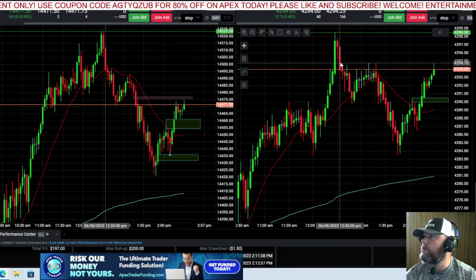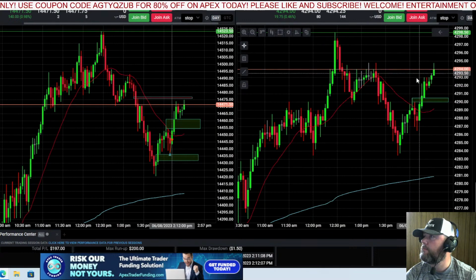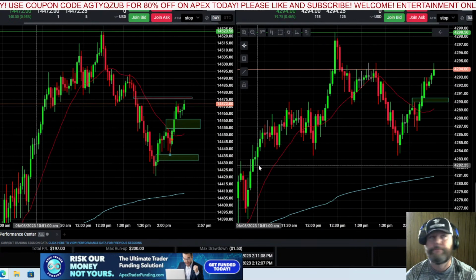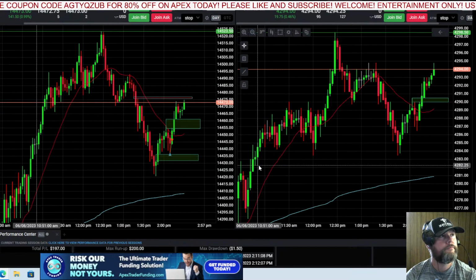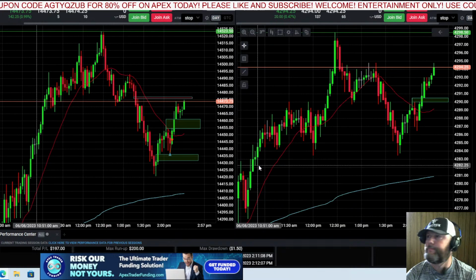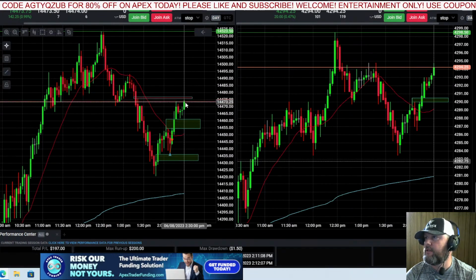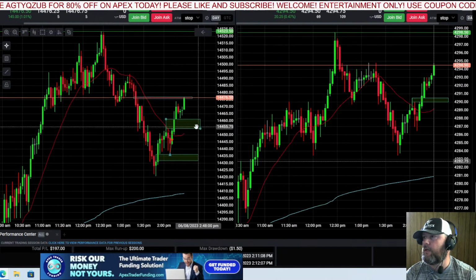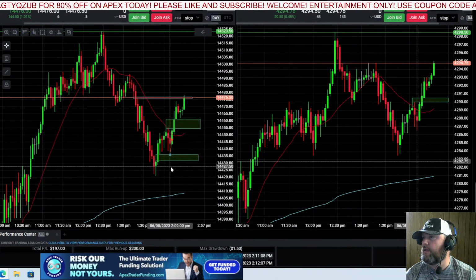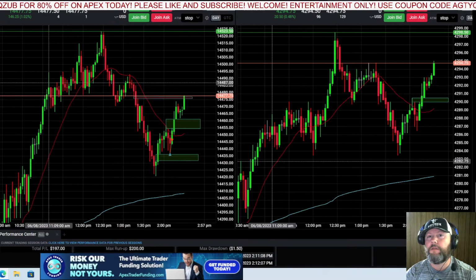So that's why you have to be careful in here, since we are in that premium. It's taking out these equal highs here, just approaching it. Just have to be aware that if we try to take any longs here, it's going to have to be quick exits, because price could certainly trade back down into these fair value gaps.